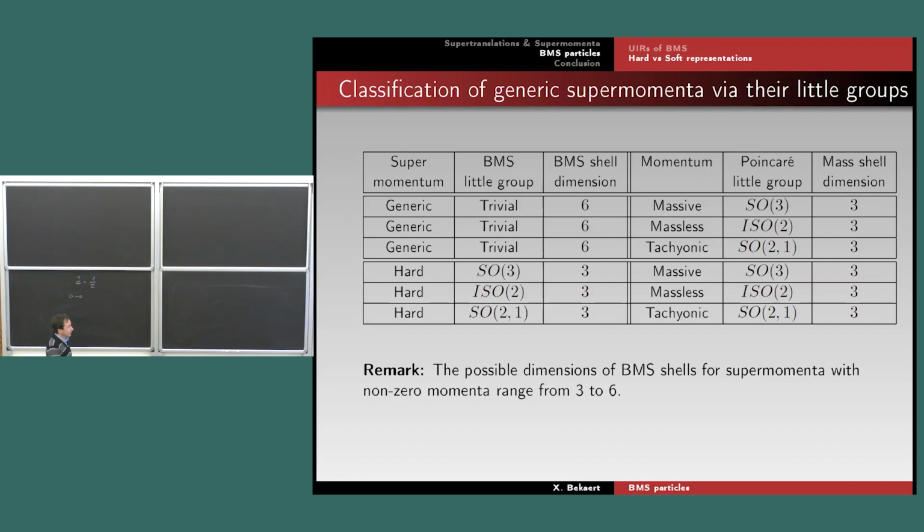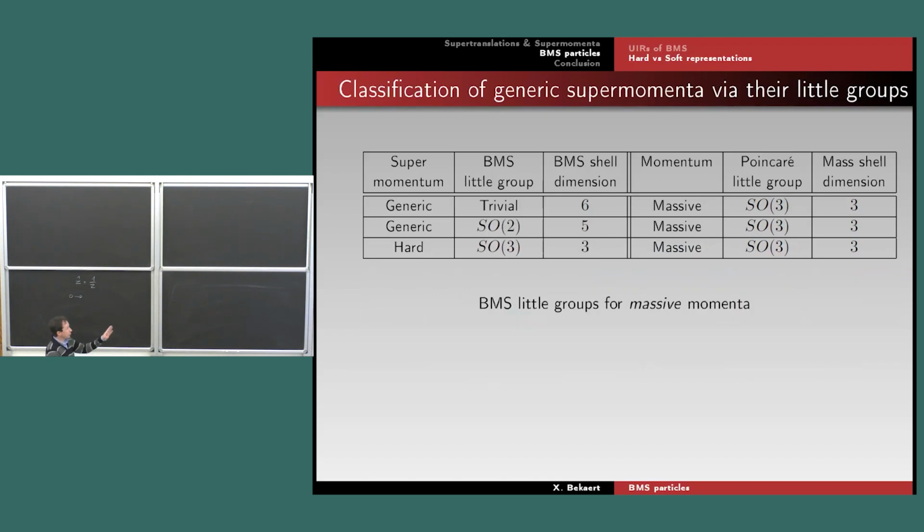In that case, since the Lorentz group is 6-dimensional, the orbit will be 6-dimensional. And if you project, you have three possibilities: massive, massless, and tachyonic, with the corresponding little groups. And always, for Poincaré, the dimension is 3. And the opposite extreme is the hard representations, where the BMS little groups coincide with the Poincaré ones, and the BMS shells also coincide with the usual ones. Okay, so these are the extreme cases.